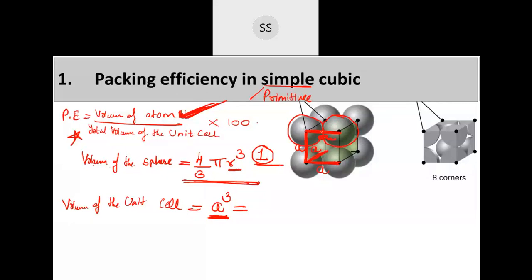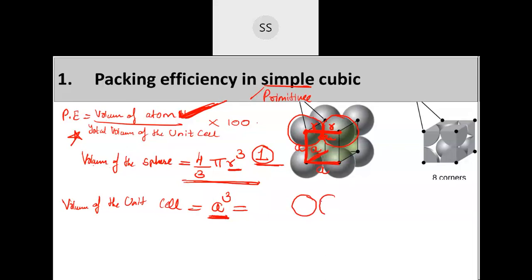You can see the first atom, only half of that is getting occupied, and the distance from the center till the circumference will be r. Again the next atom is occupying, so this distance also will be r. There are two atoms which are exactly touching on the edge length. So if this is the edge length, I'll draw it down.